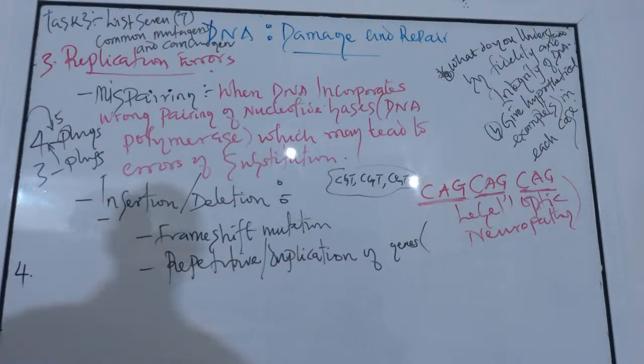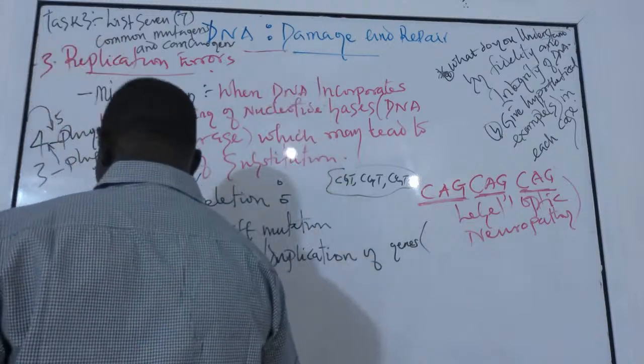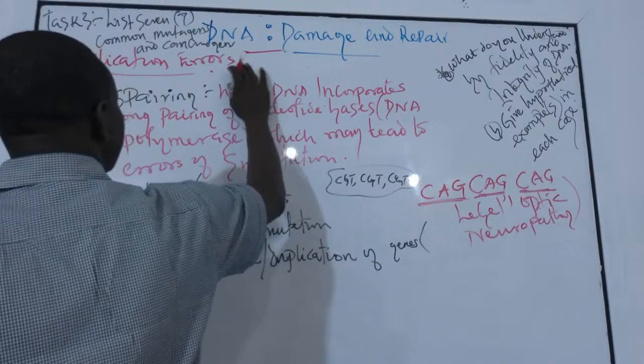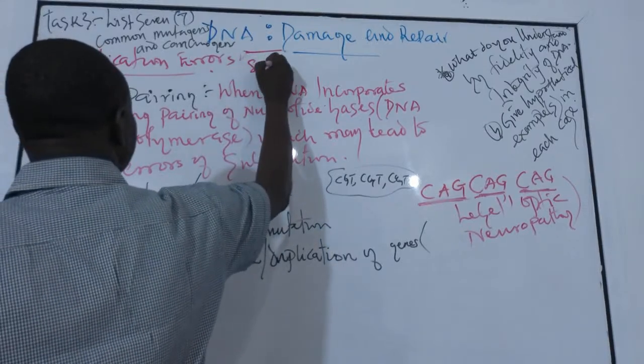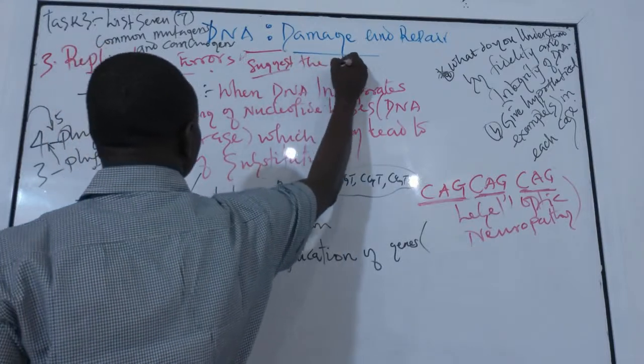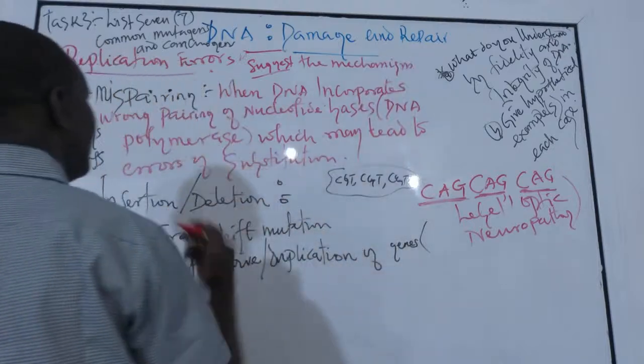List the 7 common mutagens and carcinogens that can cause DNA damage, and suggest the mechanism of its repair.